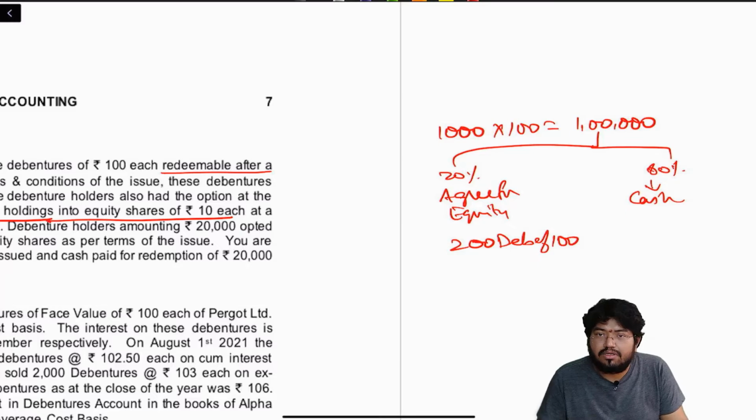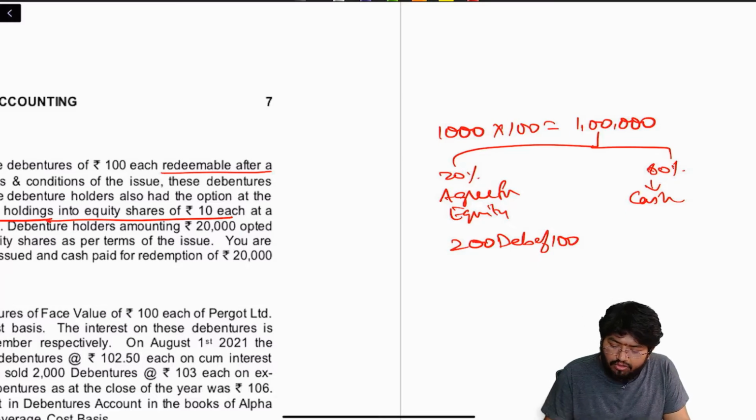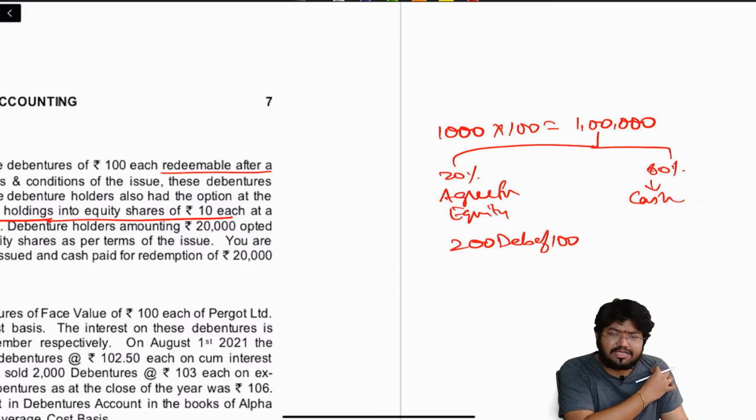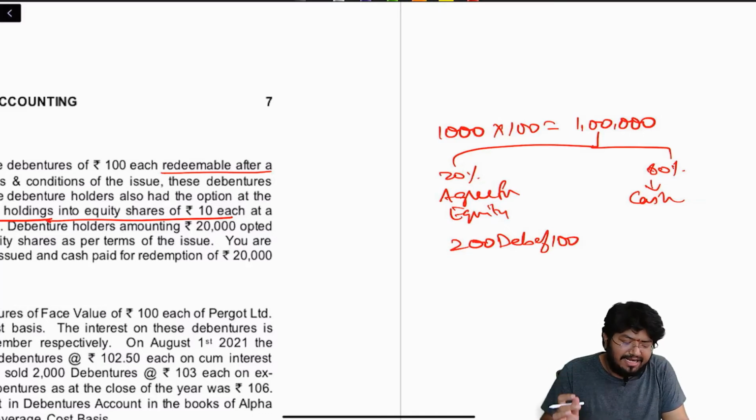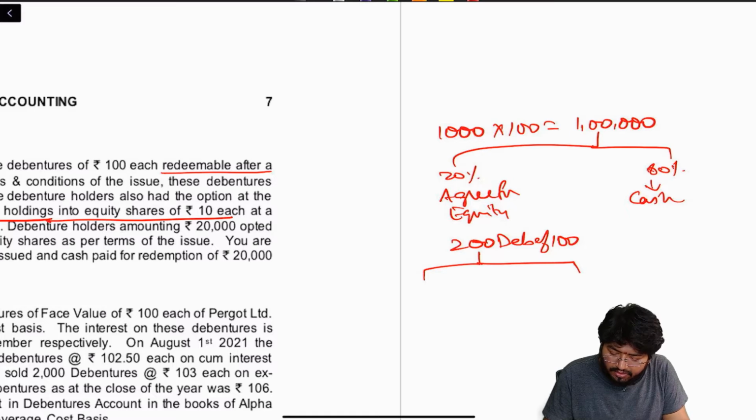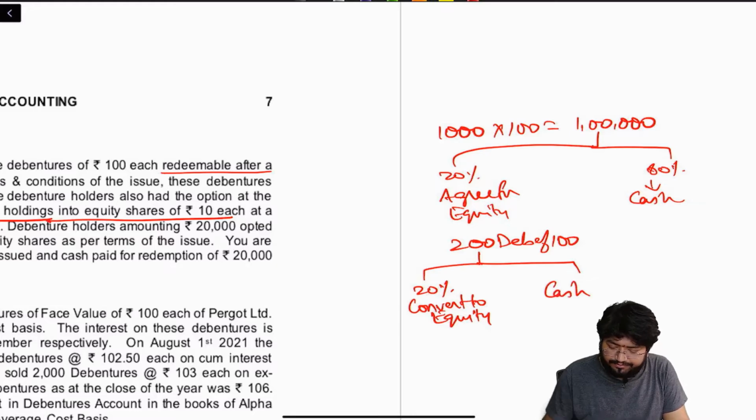Now, out of this 200 debentures, 20% will be converted into equity and the rest will be paid in cash. Do you agree? Yes, sir. 20% convert to equity, rest is cash settlement.